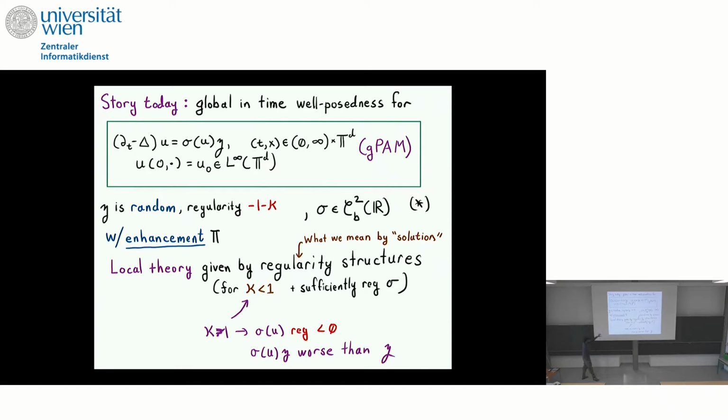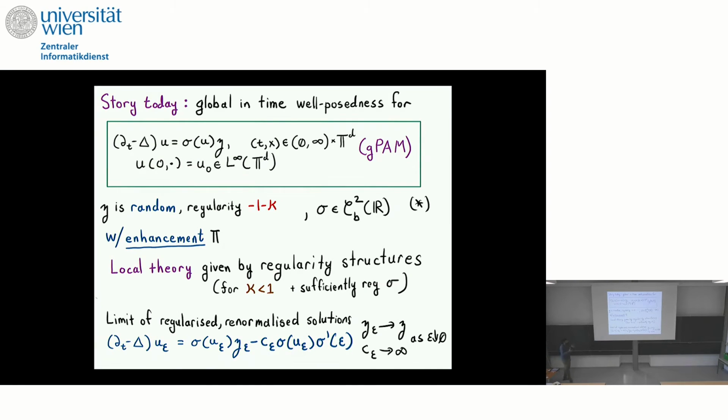So when kappa goes beyond 1, I lose subcriticality. So this is a singular SPDE, but due to Martin's theory of regularity structures, we now have an understanding of the local theory for kappa between 0 and 1.